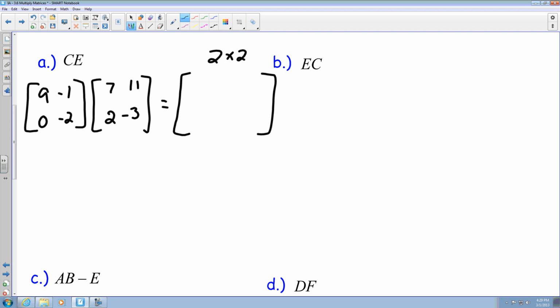So here I'm looking at row 1, column 1, so I'm going to pull out row 1 of matrix C, turn it on its side, and then use those products and add them together. So that would become 63 plus a -2.